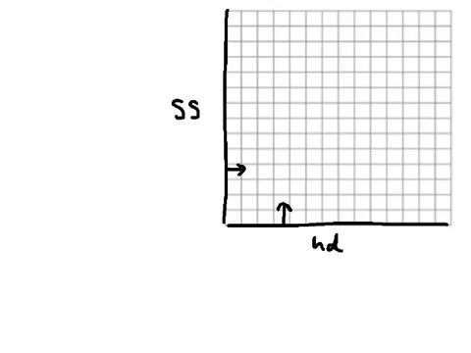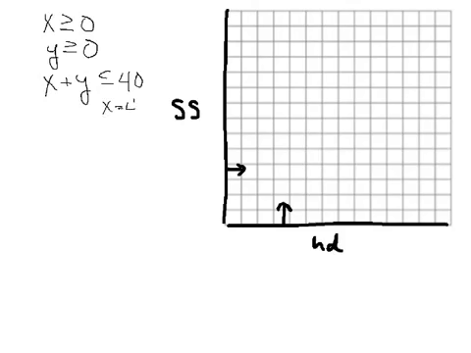Okay, the other equations that we had, so that was x is greater than or equal to 0, y is greater than or equal to 0, x plus y has to be less than or equal to 40 because she only has 40 hot dog buns. That means our x-intercept is 40 because we set y equal to 0 and solve, and our y-intercept is 40 because we set x equal to 0 and solve.